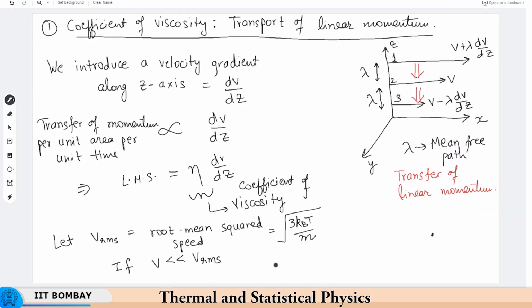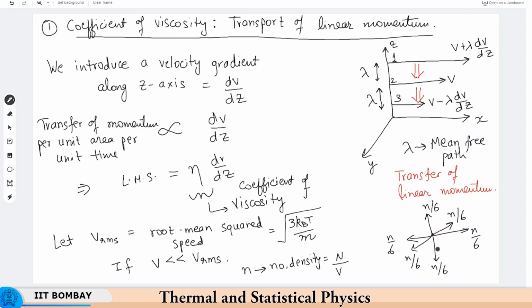Remember, we also have n, the number density, which is the total number of gas molecules per unit volume. And we have six directions in which gas molecules can move, and on average there are n by 6 molecules per unit volume moving in the plus z direction, n by 6 moving in the minus z direction, similarly n by 6 moving in the plus x direction, n by 6 in the minus x direction, and the same thing with the y axis.